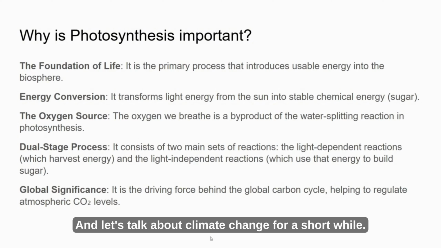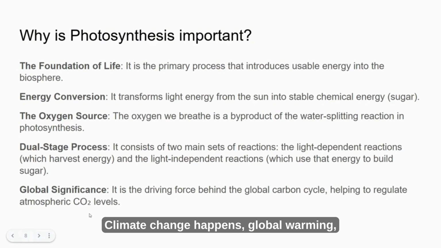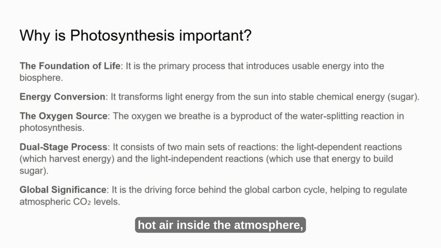And let's talk about climate change for a short while. Climate change and global warming all happen because of high carbon dioxide and other gases that trap the hot air inside the atmosphere, which is called the greenhouse effect.